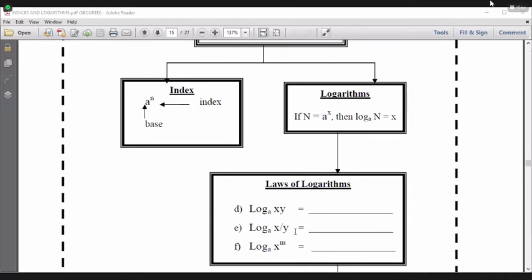What about log to base A of x divided by y? Log to base A x minus log to base A y, isn't it? Yes. Good.